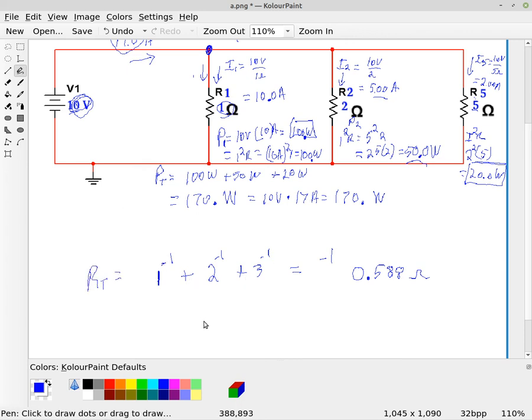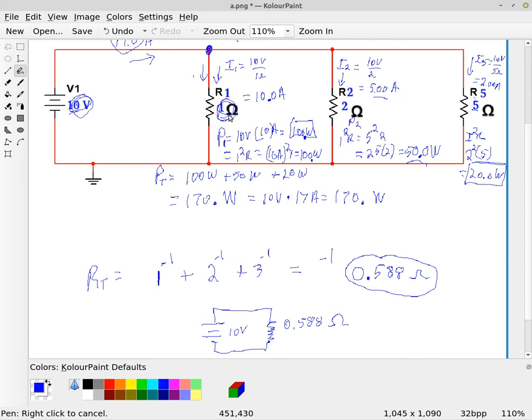So we could redraw this circuit with our 10 volt supply feeding a single resistor of 0.588 ohms. Notice that the resistance of this parallel circuit is less than the smallest of all the resistors in parallel.